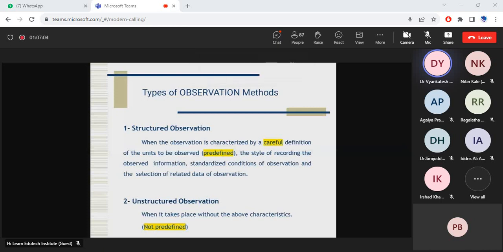Participant observation is when the observer is a member of the group being observed. Non-participant observation is when the observer is not a member of that group.